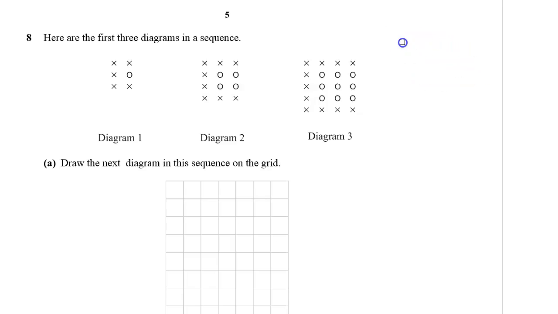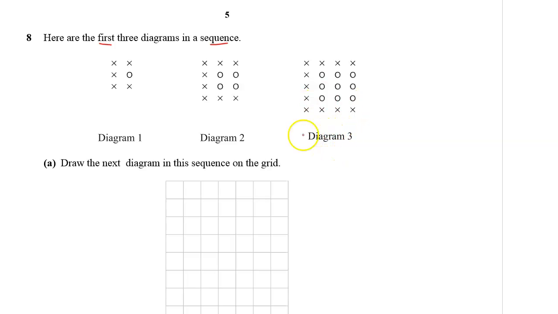Number 8. Here are the first 3 diagrams in a sequence. This is a sequence, and we have diagram 1, 2, and 3.